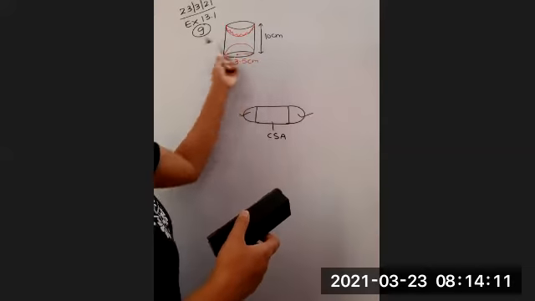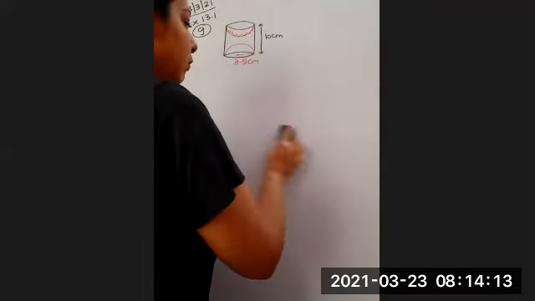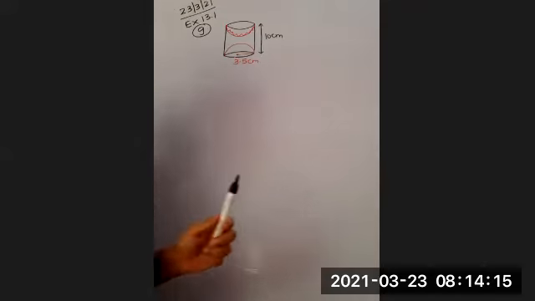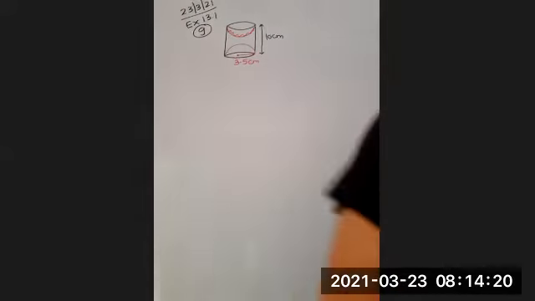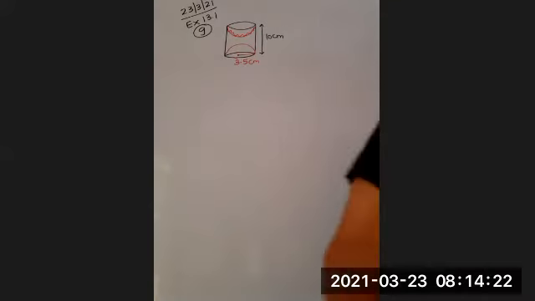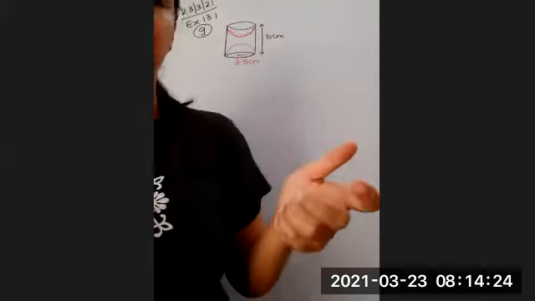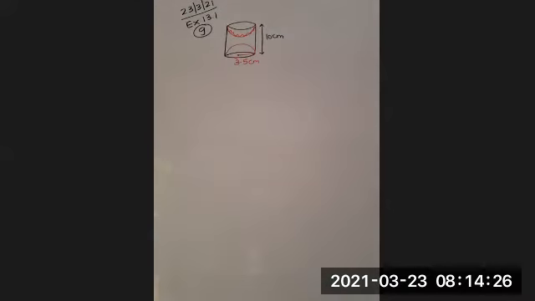We are going to find CSA of cylinder and then CSA of two hemispheres. So it doesn't matter whether you are surmounting something or you are making a depression. The surface area remains the same. Can we find the surface area now?